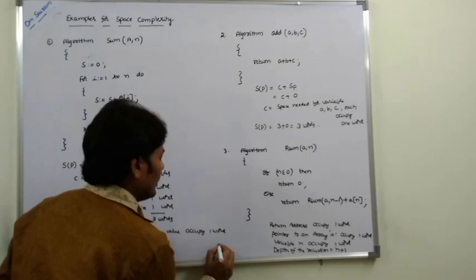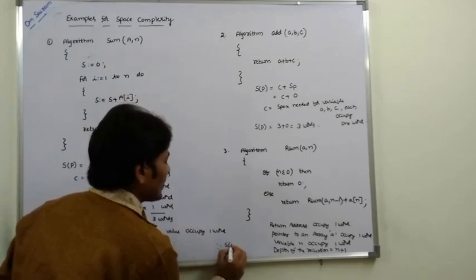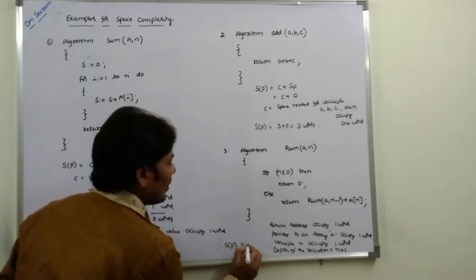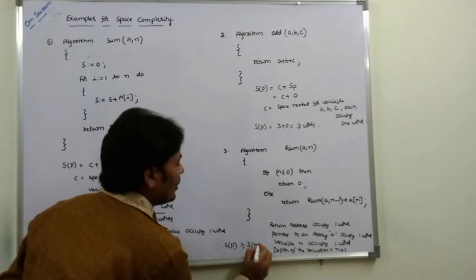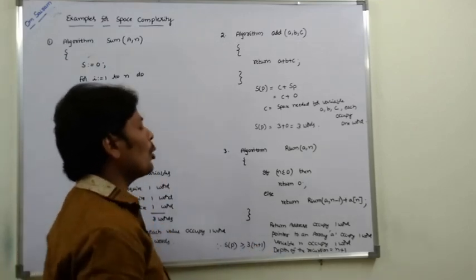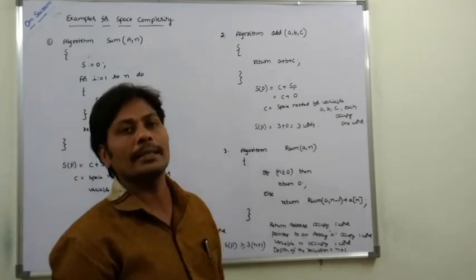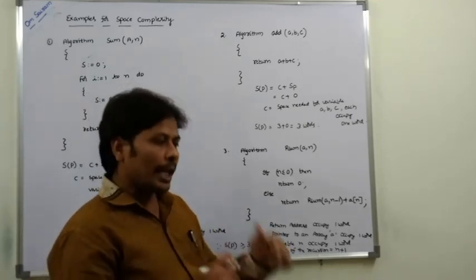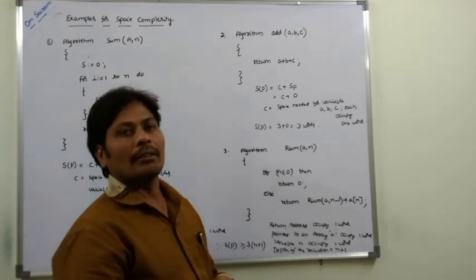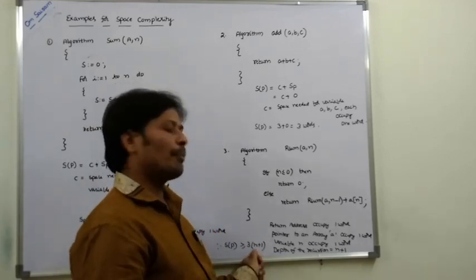Therefore the complexity S of P is greater than or equal to 3 into n plus 1. How many times can this recursion be called? It may fail at the n plus 1th time, so n plus 1 times it can be called.